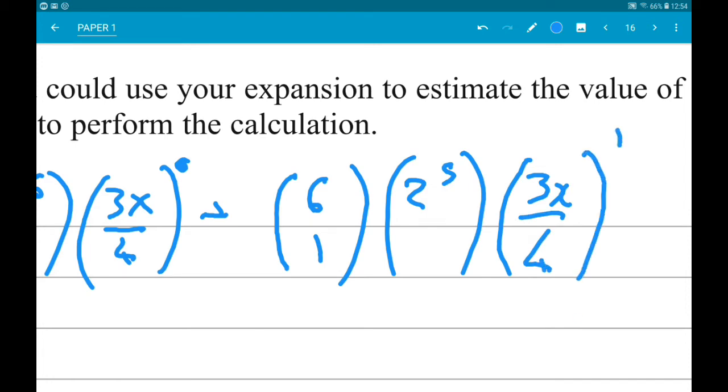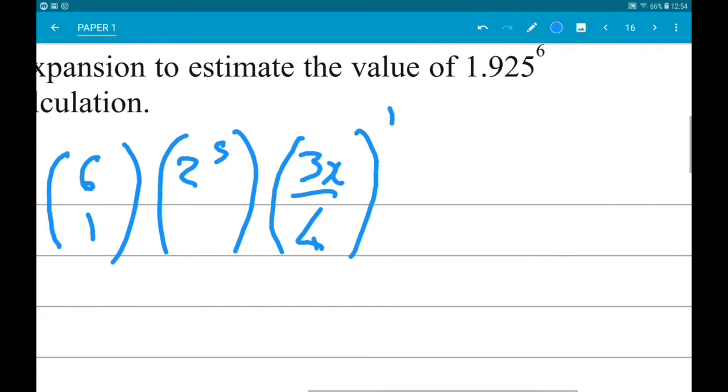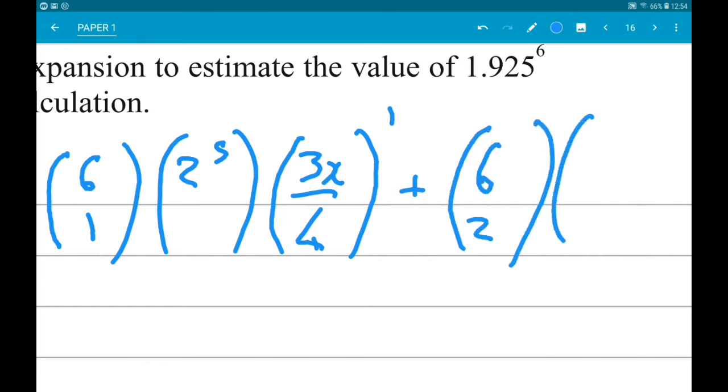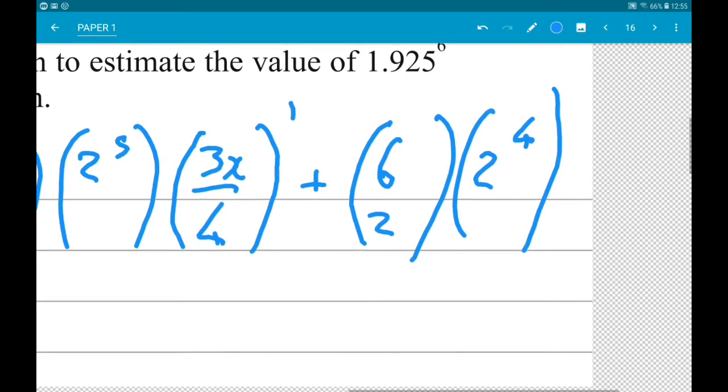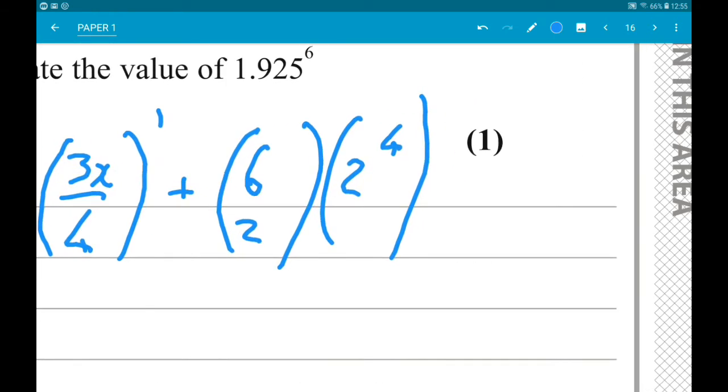And then the third is 6 choose 2 times 2 to the power 4 times (3/4 x) squared.